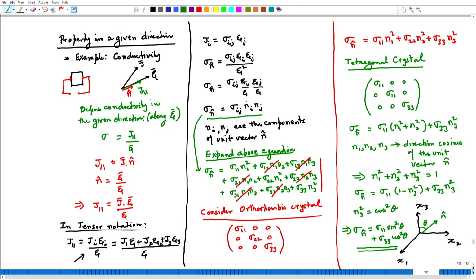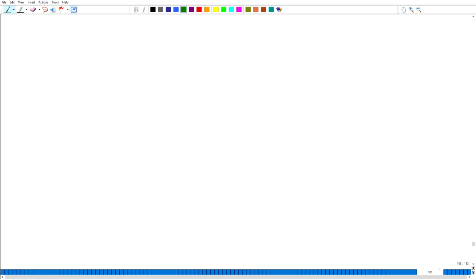Now, we are still considering the tetragonal crystal system.